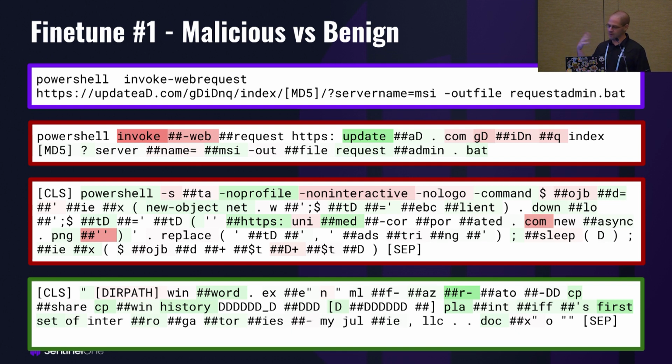So what can we do with this model besides just predicting on a single command line? Firstly, even if it's not 100% accurate, we can take this model and throw every command line from a customer environment through it.